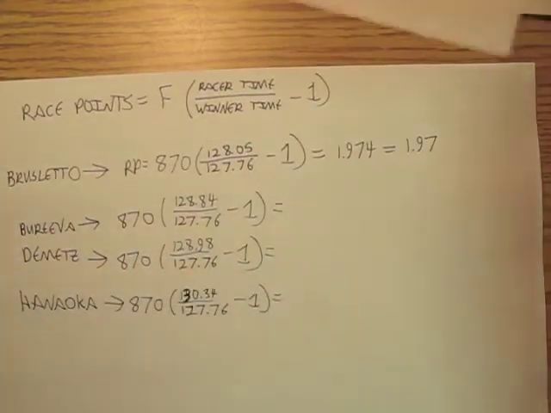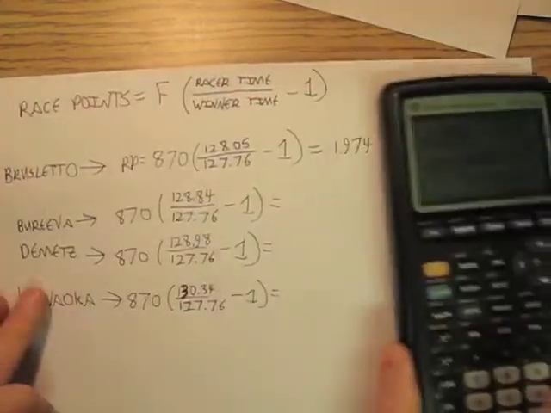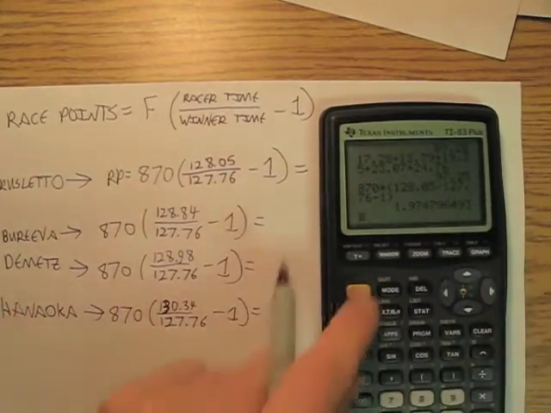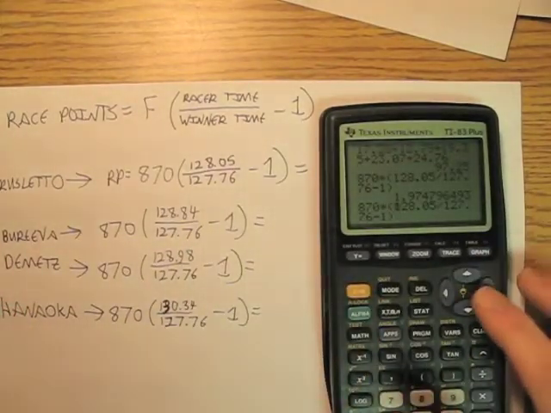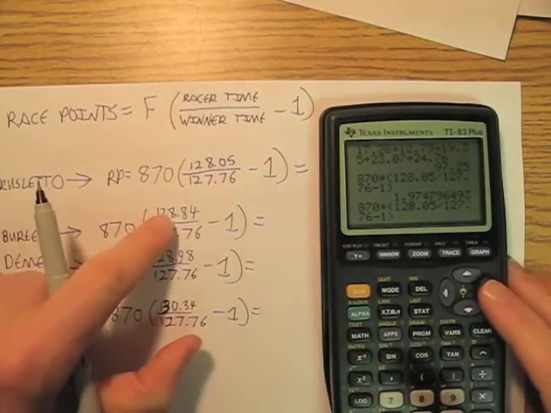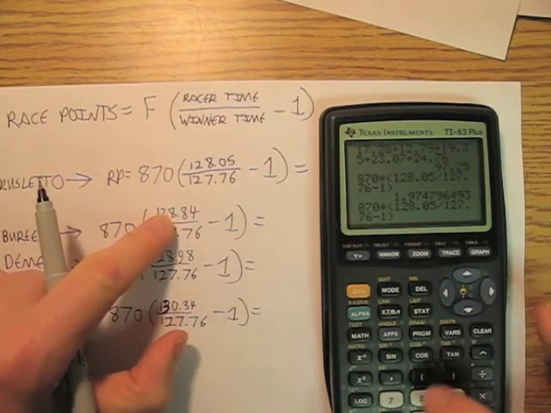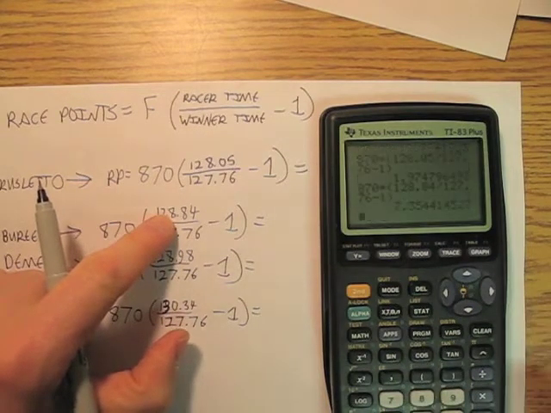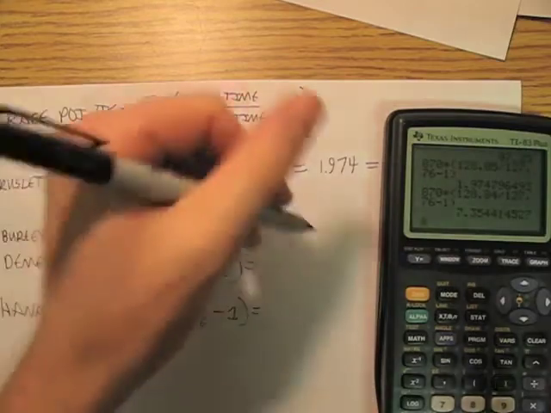Okay, now my calculator allows me to sort of do this really quick. I can pull up my previous, change 128.05 to 128.84, and I've got 7.354.